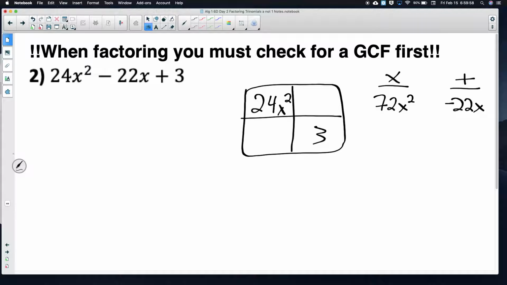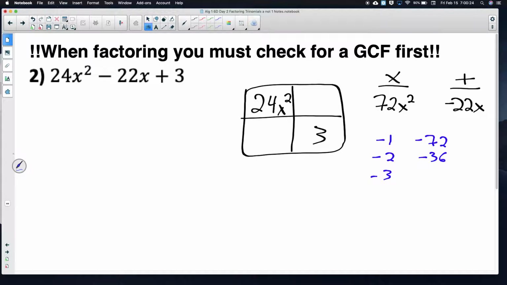Now, at this step, I have to start listing the factors because they might not pop out right away. So if they multiply to give me 72x squared, and they add to give me a negative number, negative 22 in fact, then I know both of my numbers have to be negative. So I'm just going to start listing those numbers. Negative 2 and negative 36.